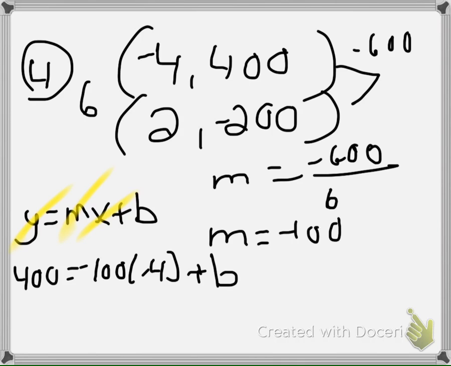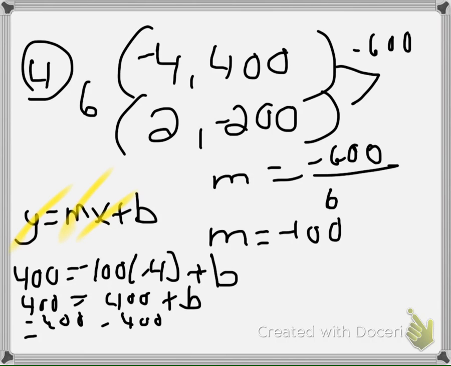Okay, multiply. Negative 4 times negative 100 is positive 400. Now I have to get the b by itself. And to do that, I subtract 400 here, subtract 400 here, and that gives me b equals 0.